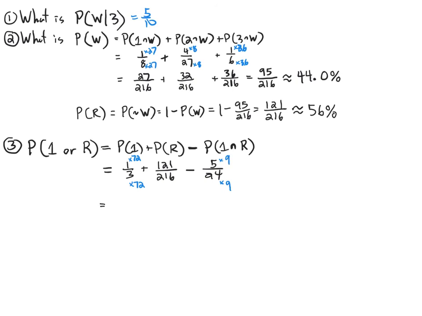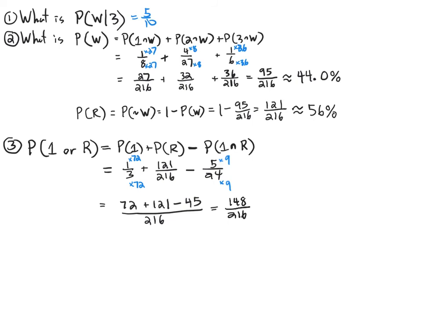So we get 72 plus 121 minus 5 times 9, which is 45, over 216. They all have the same denominator, so I can add and subtract just with the numerators. And I get 148 over 216.